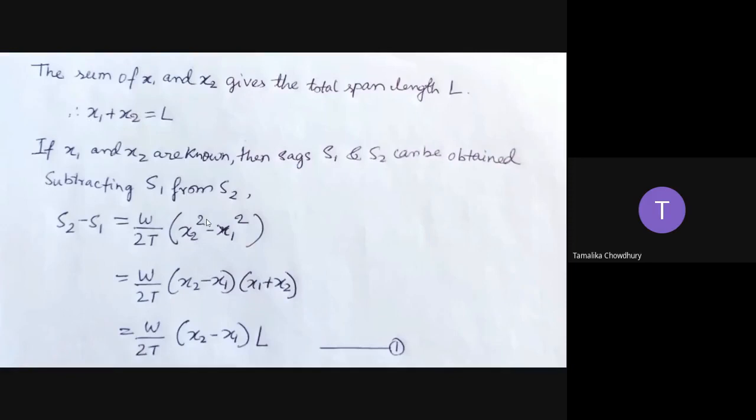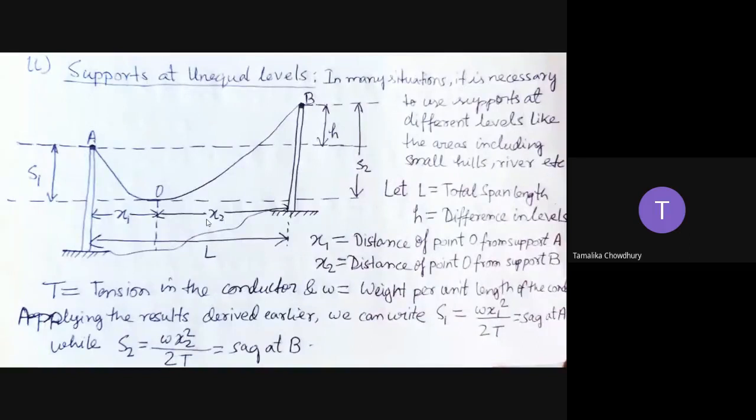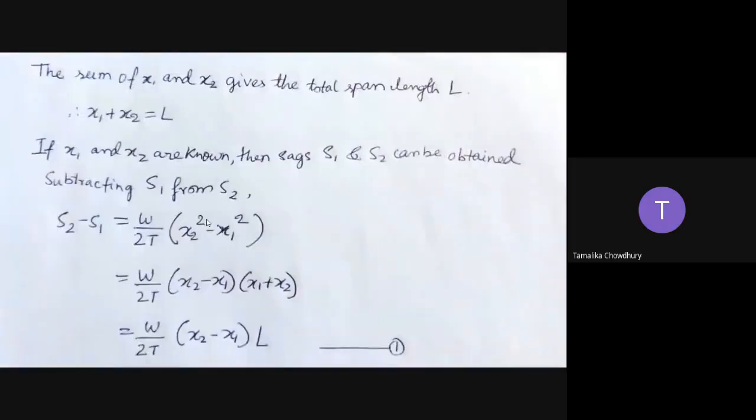Here the sum of x1 and x2 is equal to L. You see x1 plus x2, the distance that we are dividing, is equal to capital L. So if x1 and x2 are known, then we can calculate the sag, just like S1 and S2. We need to find the values of x1 and x2 and put them in these two formulas of S1 and S2. Are you getting it?